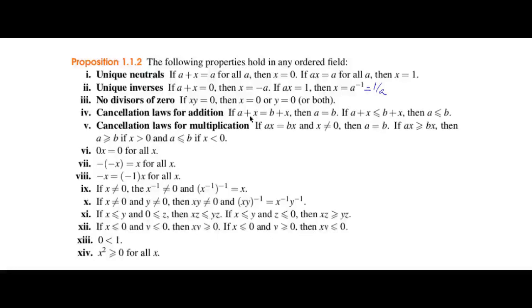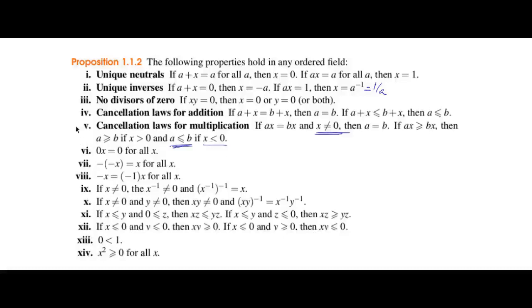So you can cancel these numbers, and then cancellation law for multiplication. If a times x is equal to b times x, and x is different than 0, this is very important, then a is equal to b. If a times x is greater or equal than b times x, then a is greater or equal than b if x is greater than 0, and the direction of the inequality changes if x is smaller than 0.